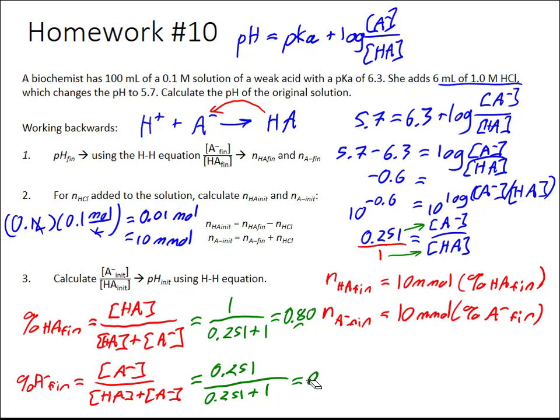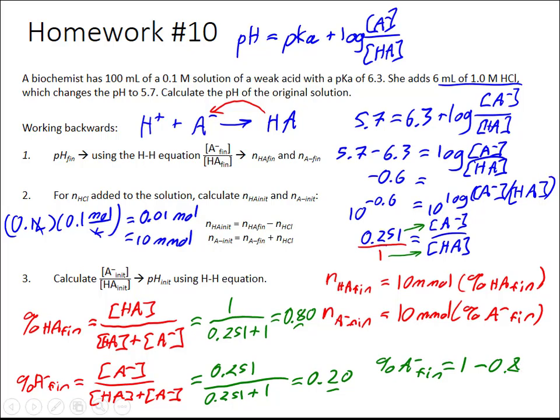And if I work that out, that's going to be 0.2 with 1 sig fig. And I'm carrying the 0 as a guard digit for rounding errors. Additionally, since this is a percent, you could also have just taken the percent of conjugate base is simply 1 minus 0.8. And that would have gotten you the same answer.